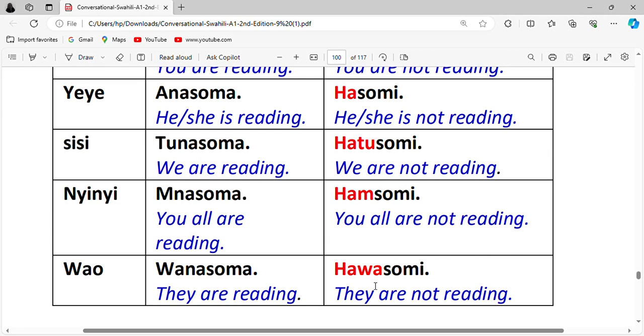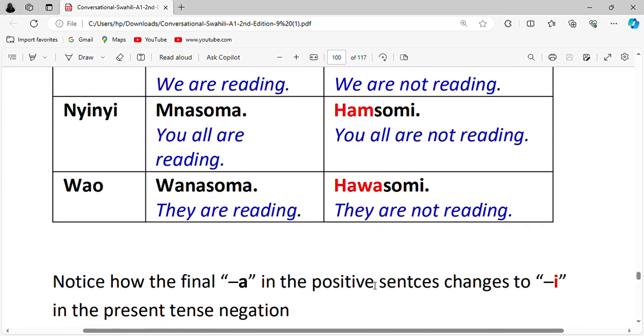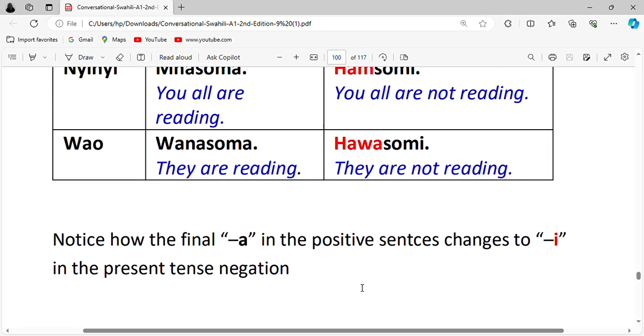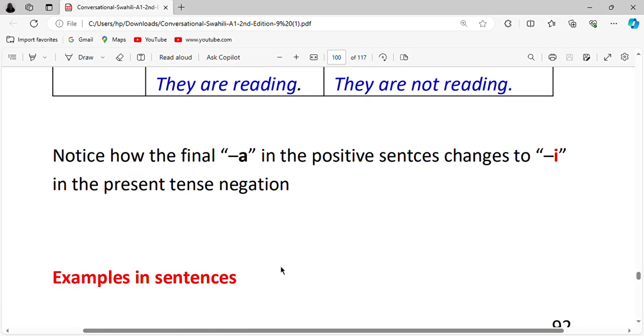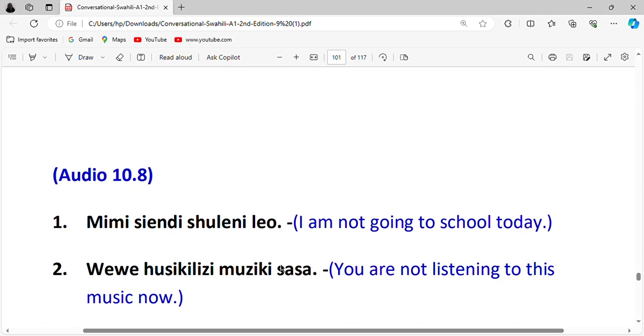Okay? The verb was kuongea Kiswahili. There's a note here. Notice how the final a in the positive sentences changes to e in the present tense negation. You can see this, I said. Okay, more examples are here.